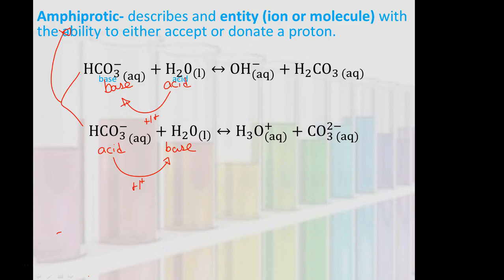If I do look at these, this Kc equals 4.7 times 10 to the negative 11. And this Kc is equal to 2.2 times 10 to the negative 8 moles per liter. So if those are the equilibrium constants for each of those reactions, even though both of these reactions are happening when this molecule is in water, is this substance going to turn out to be basic or acidic when you actually did a pH test with it?